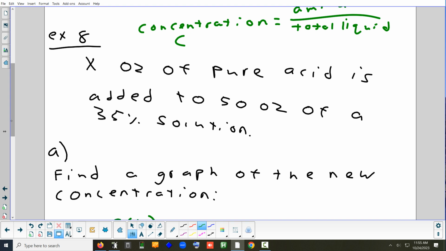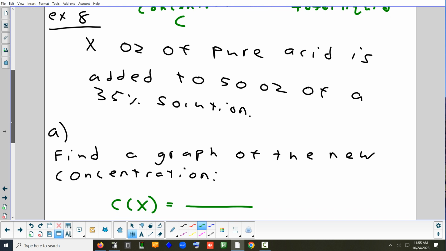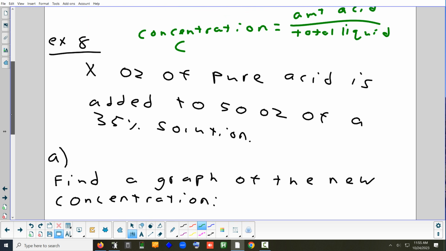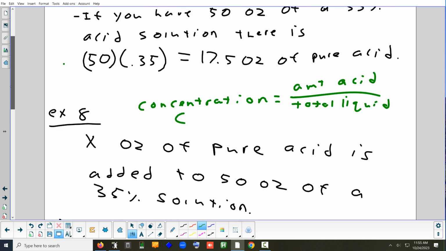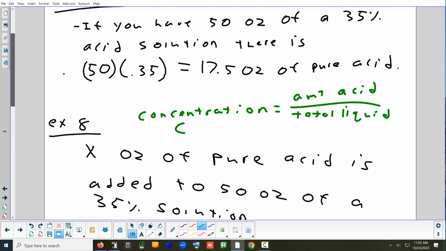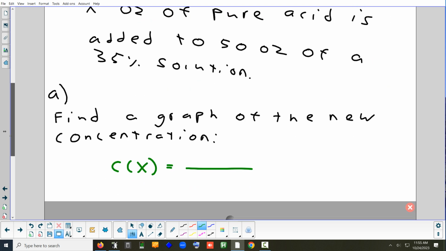How much acid is already in this solution? Well, there's X, and then there's the 50 times the 35%. Right, there's the 50 times the 35%, so there's already 17.5 ounces mixed in. And how much more are we going to add?